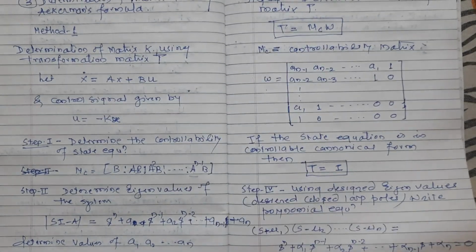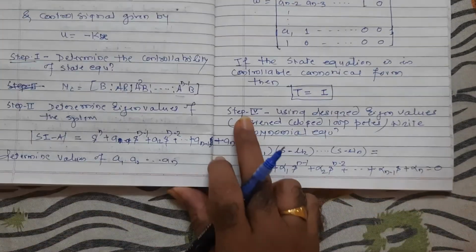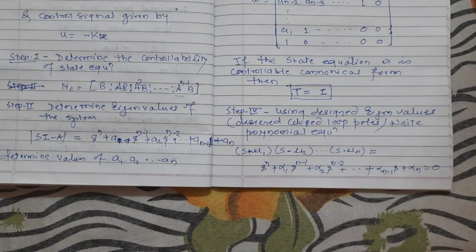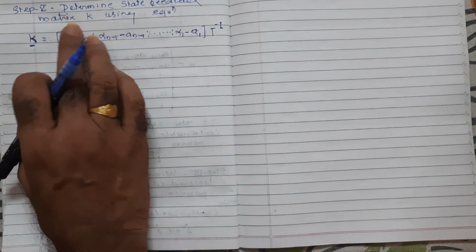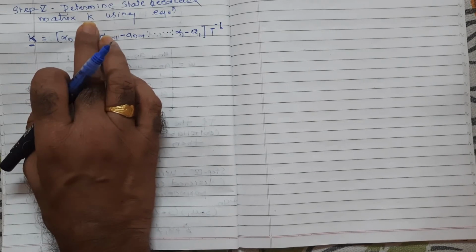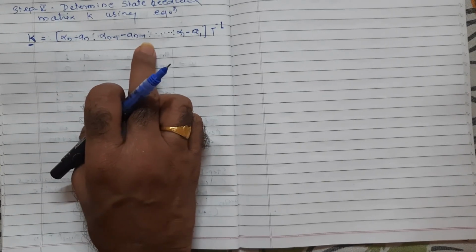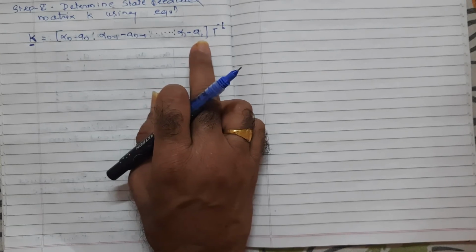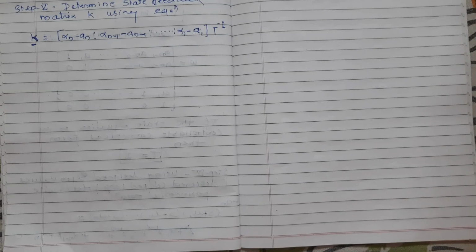Now after getting T, find from your desired pole locations α1, α2 up to αn, and then use the formula to find the state feedback matrix K. It equals [αn − an, α(n−1) − a(n−1), up to α1 − a1] T^(−1), that is T inverse, that we have to find.